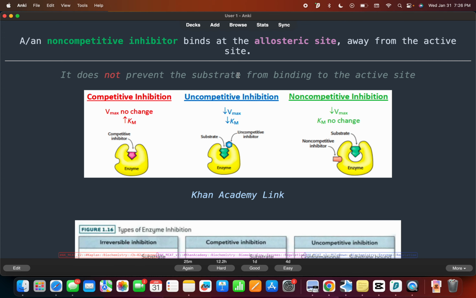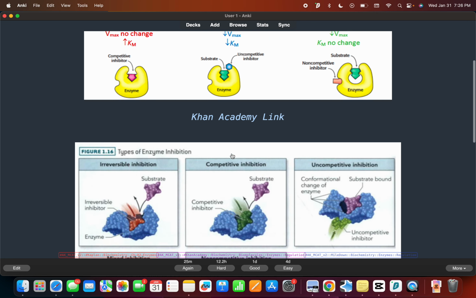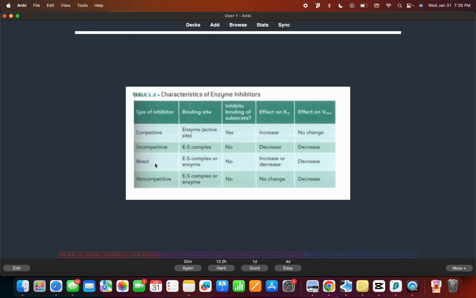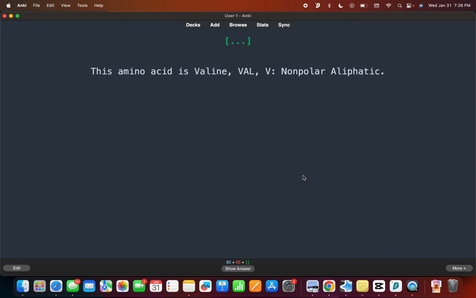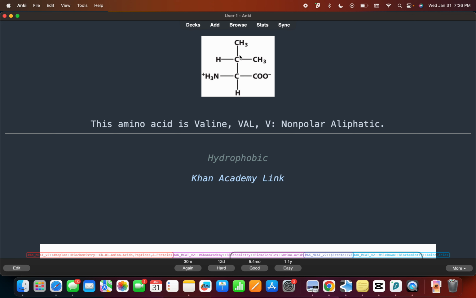Oops, non-competitive. It does not prevent the substrate from binding to the active site. Apparently uncompetitive is the one I got wrong, so we do that again. Valine is V, and it has three carbons. Yes, this is valine.